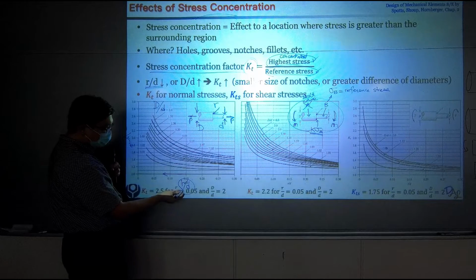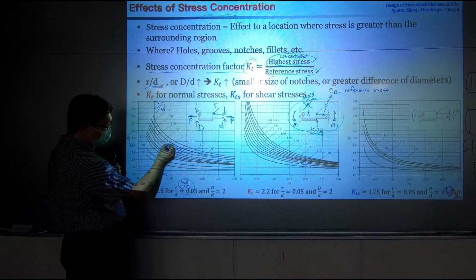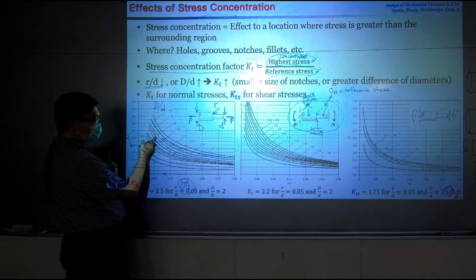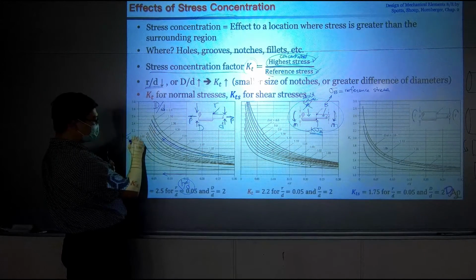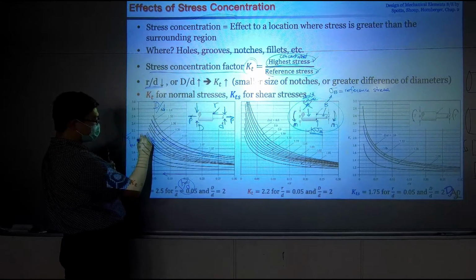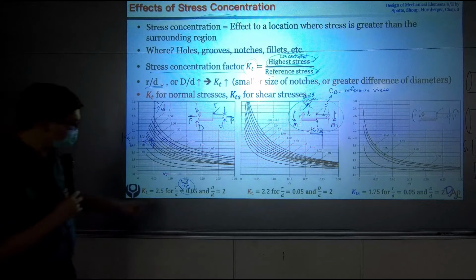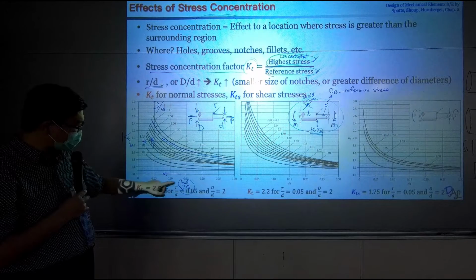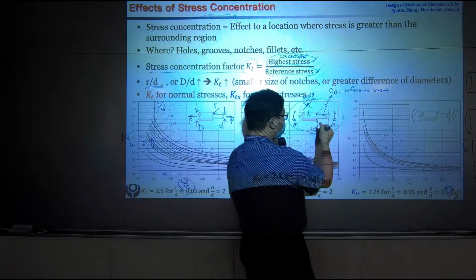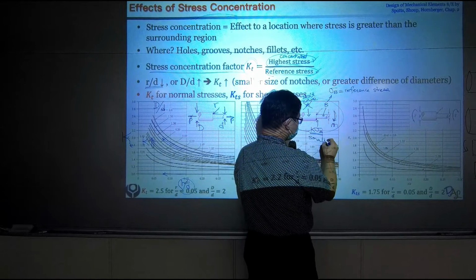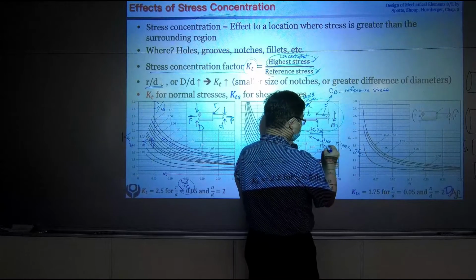So in this case, when we have a smaller value of r over small d, we will have an increasing value of K. K increases. And let's try to understand why. When we have a smaller value of r over d, that means we have a smaller size of rounding.